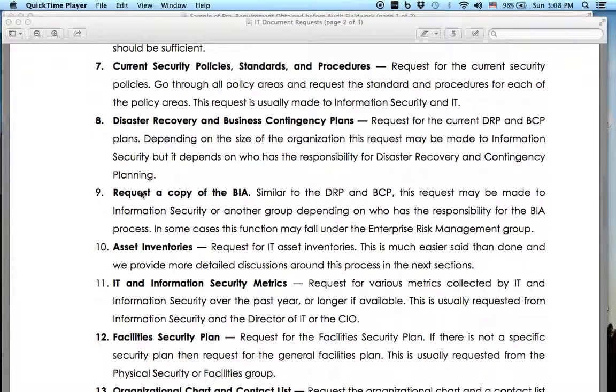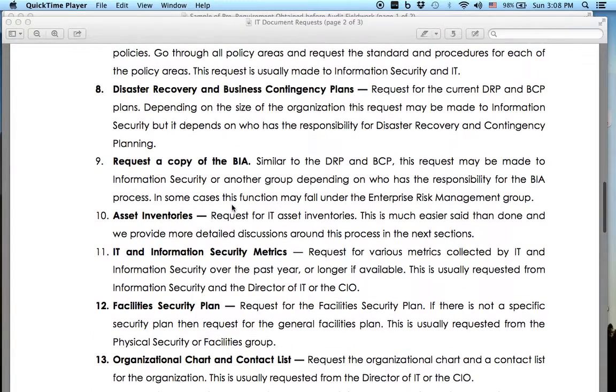And number 9, we should request a copy of the business impact analysis. This is a component of BCM, business continuity management. So for the enterprise, they must have BCM to strategize the business, to ensure the business is ready during the crisis period, so the business can resume after the crisis has been recovered.